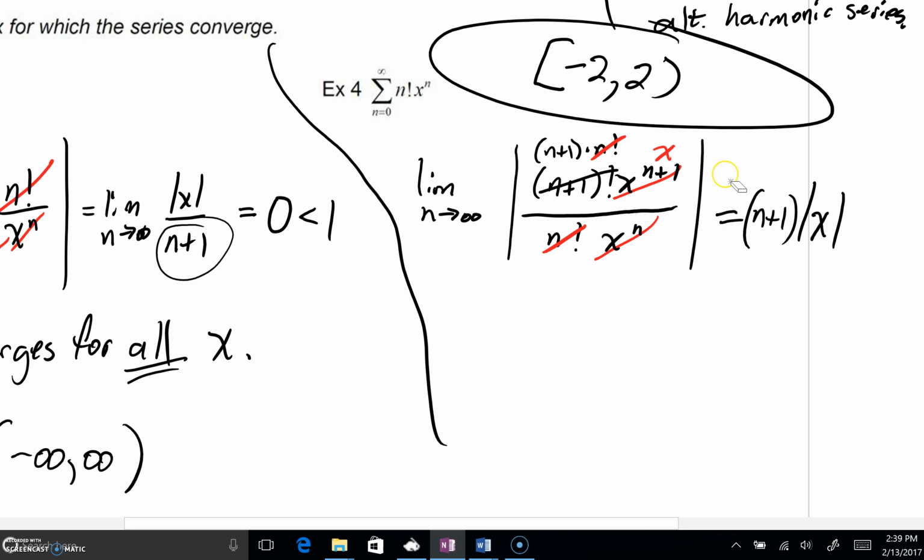Now, forgive me, I forgot to write the limit here. I'm going to do that real quickly. Don't want to forget that. So the limit as n goes to infinity of this. Where are we headed? Towards infinity. With one exception.